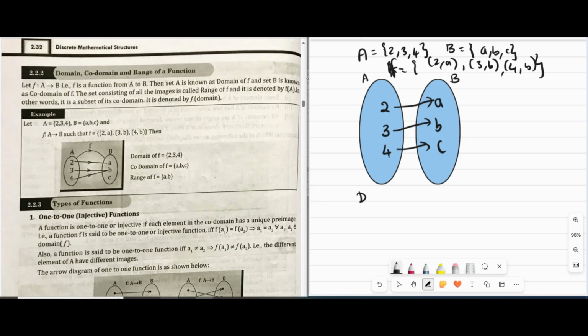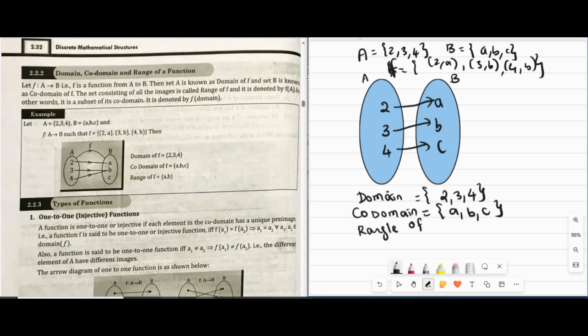So now what will be the domain? Domain are the elements which are present in A. So the domain will be 2, 3, 4. Then what will be the codomain? Codomain will be the elements which are present in B. That will be a, b, c. Then what will be the range?